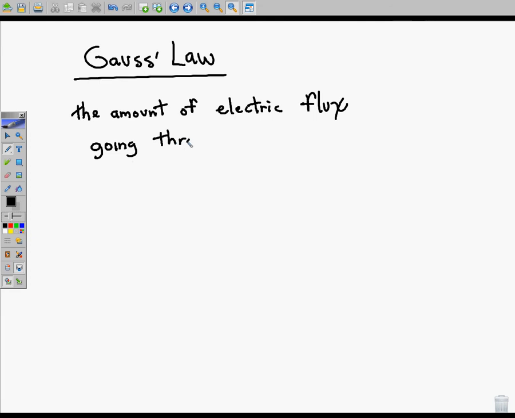No, I think it's actually Q over 1 over 4 pi k.